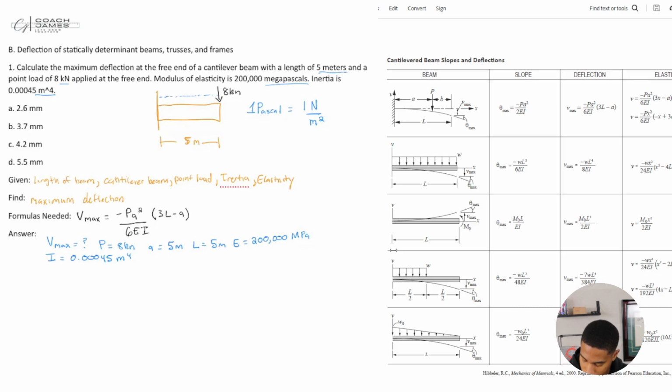So we'll start with Vmax is equal to negative, and I'm putting everything in newtons and meters.